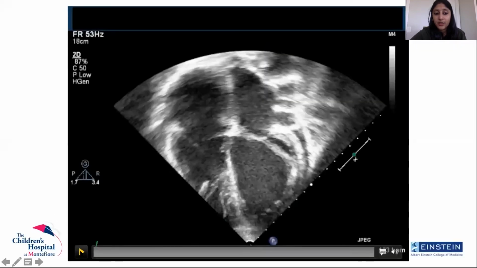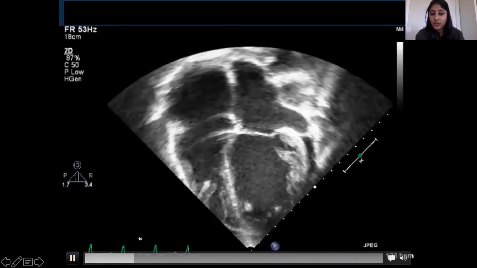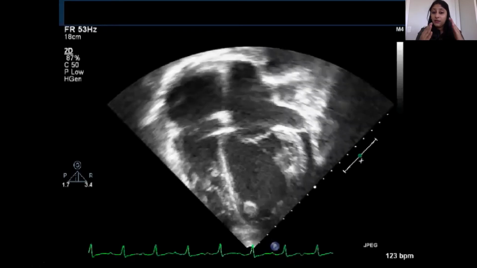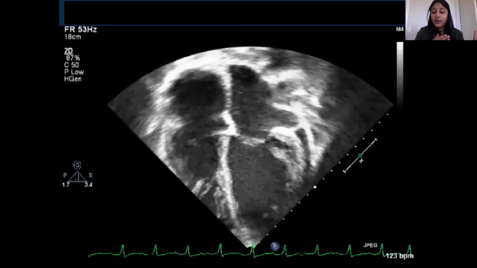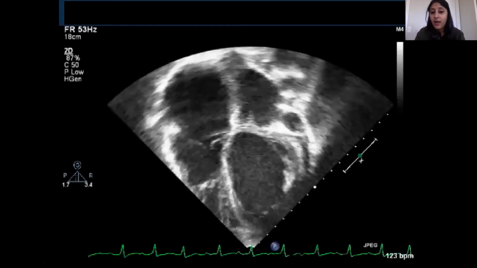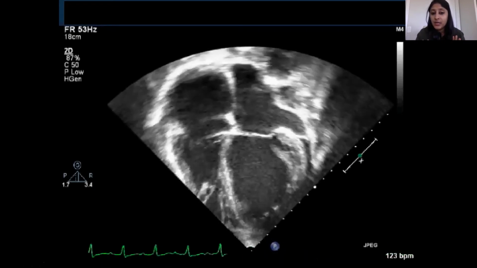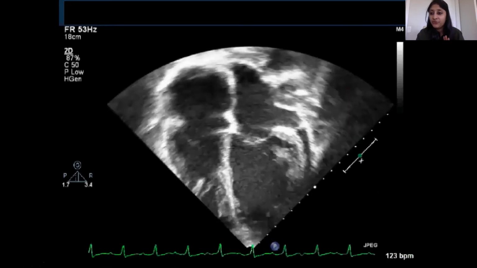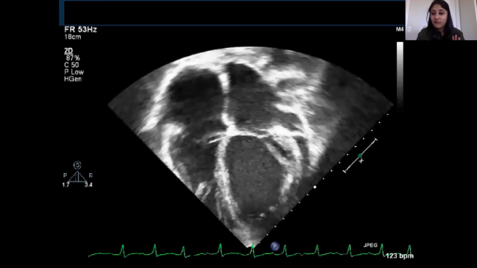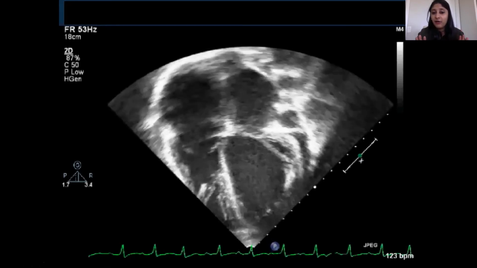Now let's look at the four-chamber view of this patient. So once again, think about what you saw before. These are the four chambers of the heart, and you can see over here that both the bottom chambers, which are the main pumping chambers of the heart, are not squeezing very well. They are just sitting there and rocking.